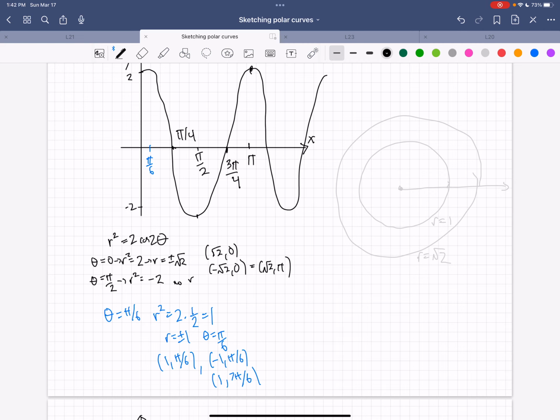So we had that (1, pi over 6) here. Then we had this (root 2, 0), and then we're also going to have (root 2, pi). Then we have (1, 7 pi over 6).